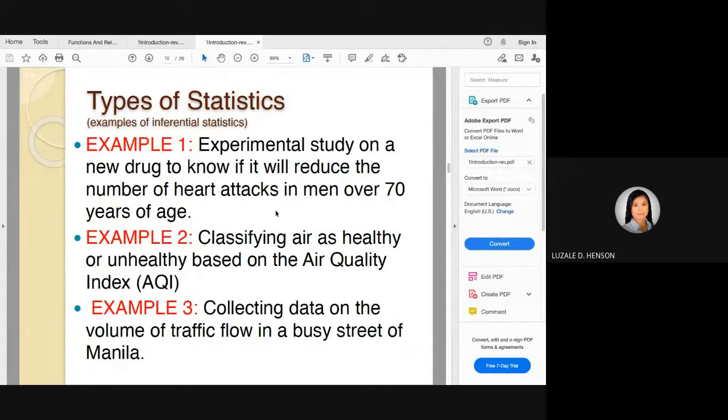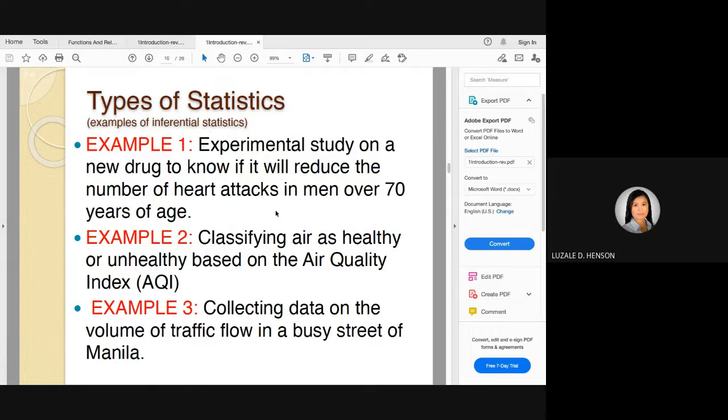Kaya pagka magsasite tayo ng example dun sa descriptive and inferential, ito yung isa: experimental study of a new drug to know if it will reduce the number of heart attacks in men over 70 years of age. This is an example of inferential statistics.